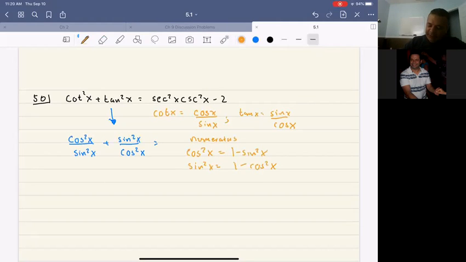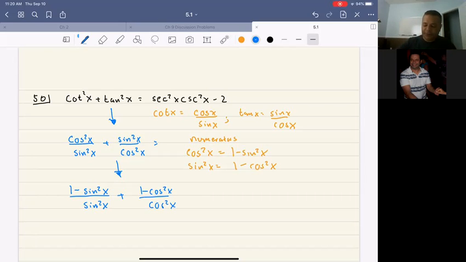So that means I'm going to get 1 minus sine squared of x over sine squared of x plus 1 minus cosine squared of x over cosine squared of x.